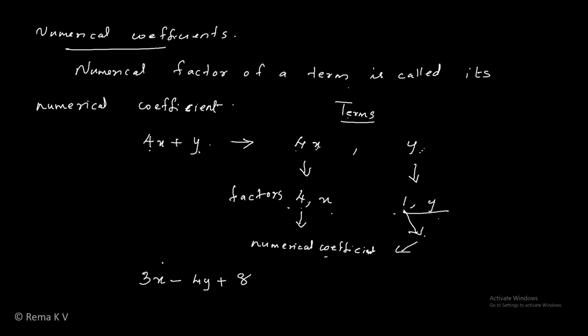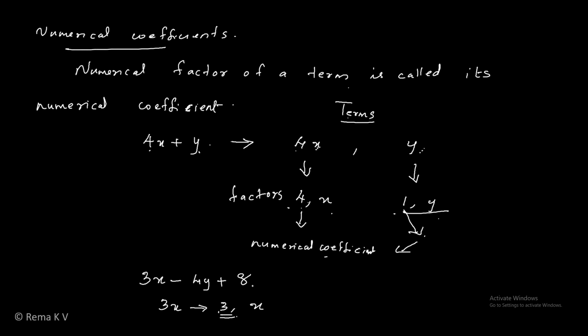What is the numerical coefficient of the first term? Okay, the first term is 3x. Its factors are 3 and x, and the numerical factor is 3. So the numerical coefficient is 3.